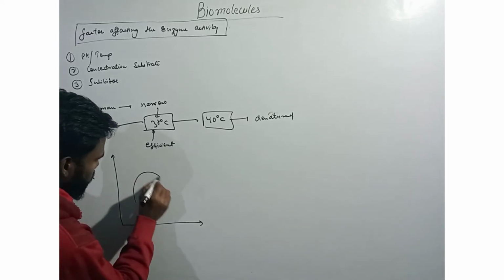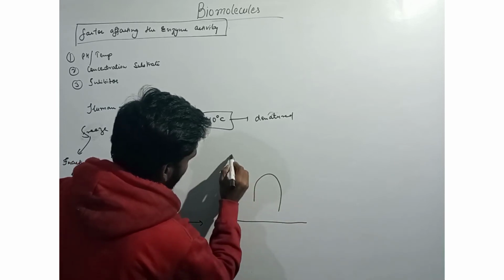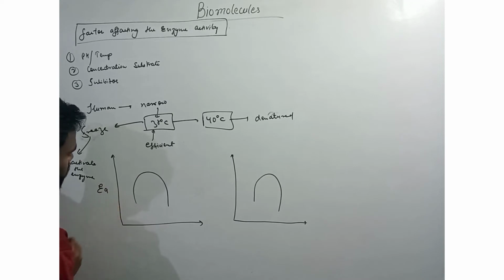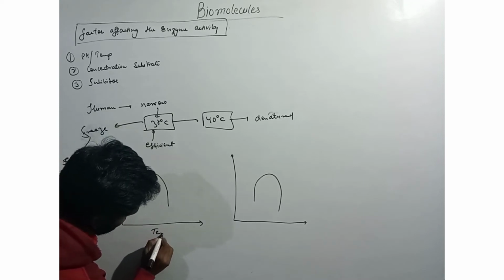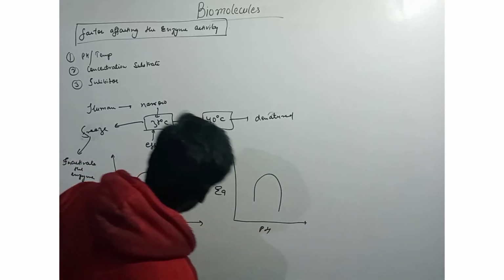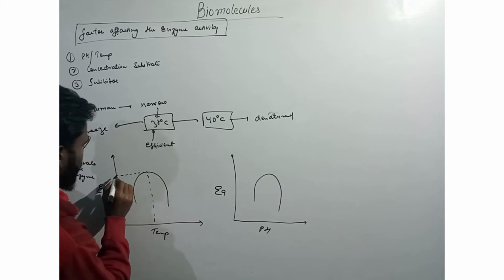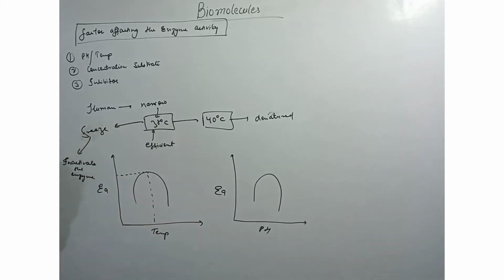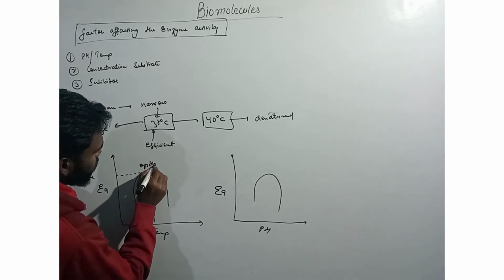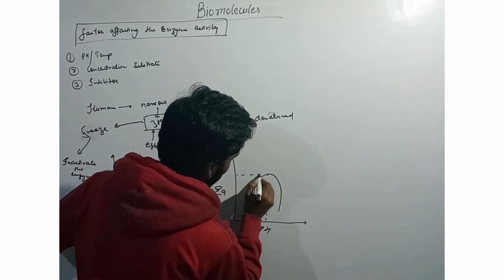The y-axis represents activity, and this is temperature. This is also activity, and this is pH. Now this is called the optimum, in which maximum activity takes place.